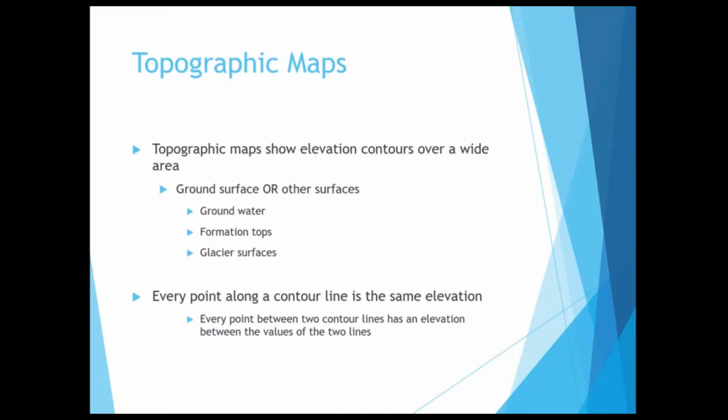Every point between two contour lines is some value between those two elevations. So anywhere between the first and second steps is some height between 1 and 2 feet high.